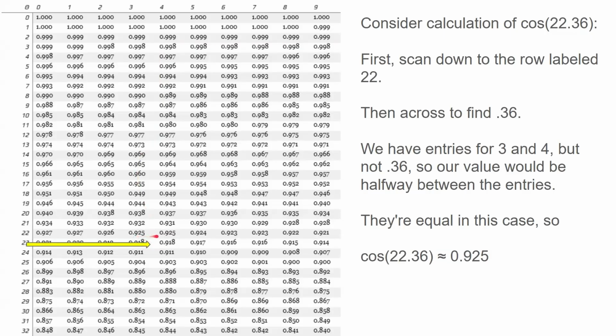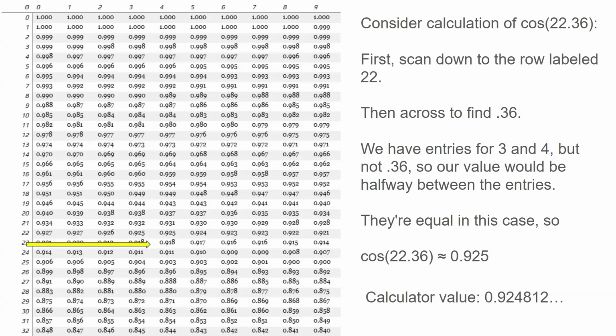And in row 22, those are both 0.925. So I will take something halfway between those. In our case, they're the same, so my value will be 0.925. And the calculator value is 0.9248. So within rounding, that is the correct value. See, much easier than the slide rule.